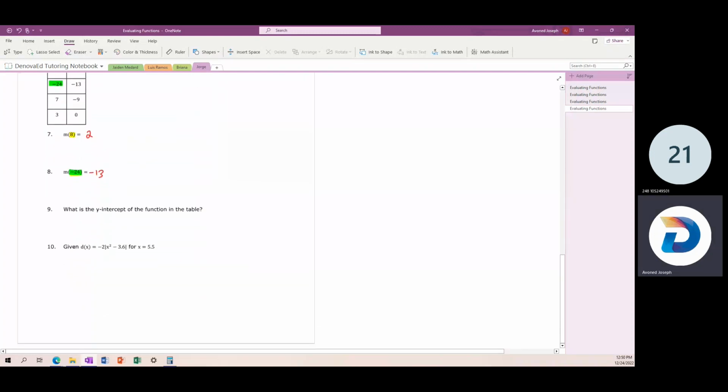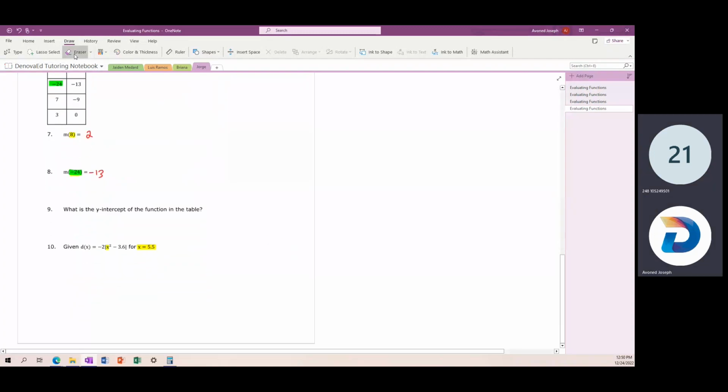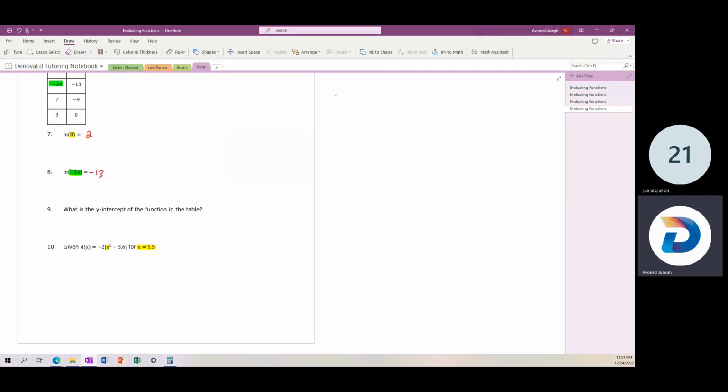Let's go to number 10. We were given a function -2 times x squared minus 3.6, and we have the value for x. So x is equal to 5.5. We need to plug that into the x value. So let's say our initial function is -2 times the bracket of x squared minus 3.6.